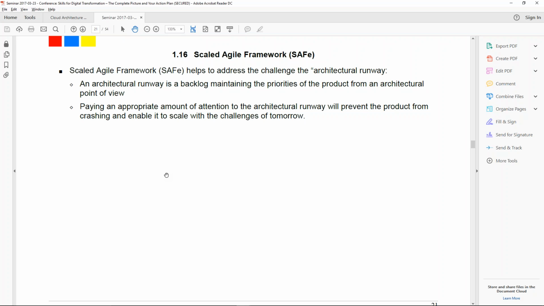What SAFe does, and it's really good at this, is SAFe provides an interface point where we're going to decrease a little bit the amount of waterfall planning, command and control approach from the center. We are going to decrease the amount of agility, flexibility, responsiveness that we get at the team level.